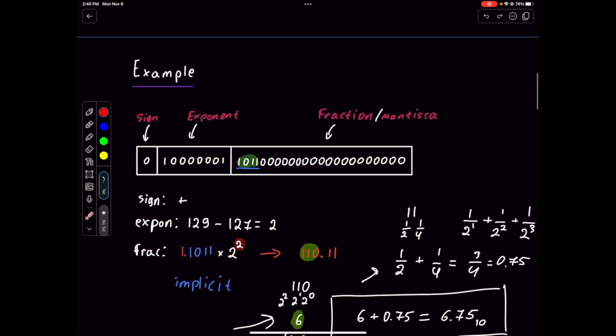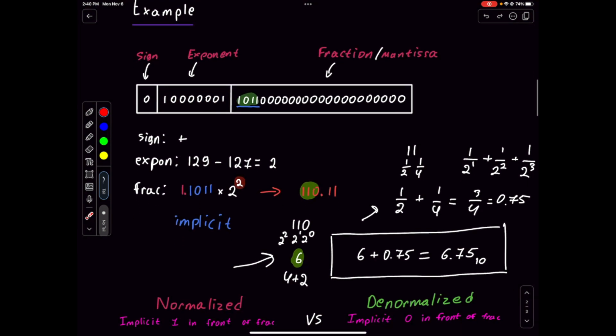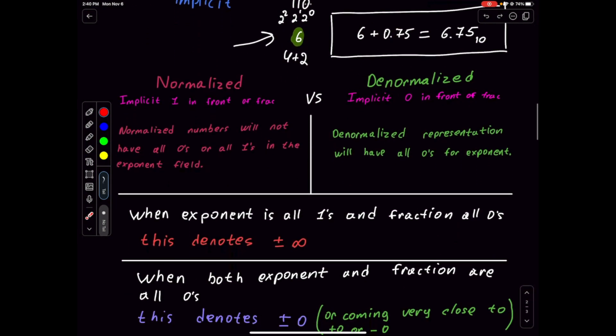So if all of this exponent field were ones, or all zeros, then we would know that this is not a normalized number. In our case, we have variation, so it's 1, 0, a bunch of zeros, and another 1. There's variation, so this is a normalized number. That is how you can tell.